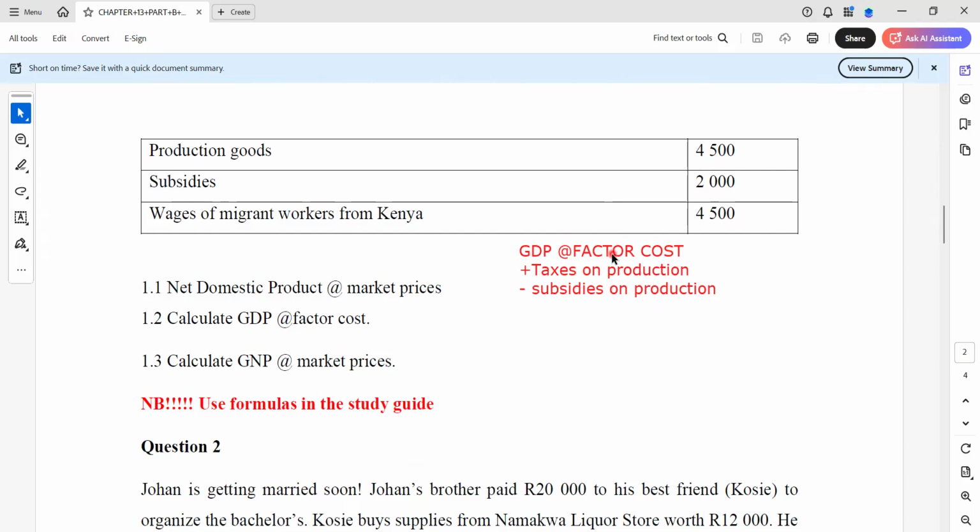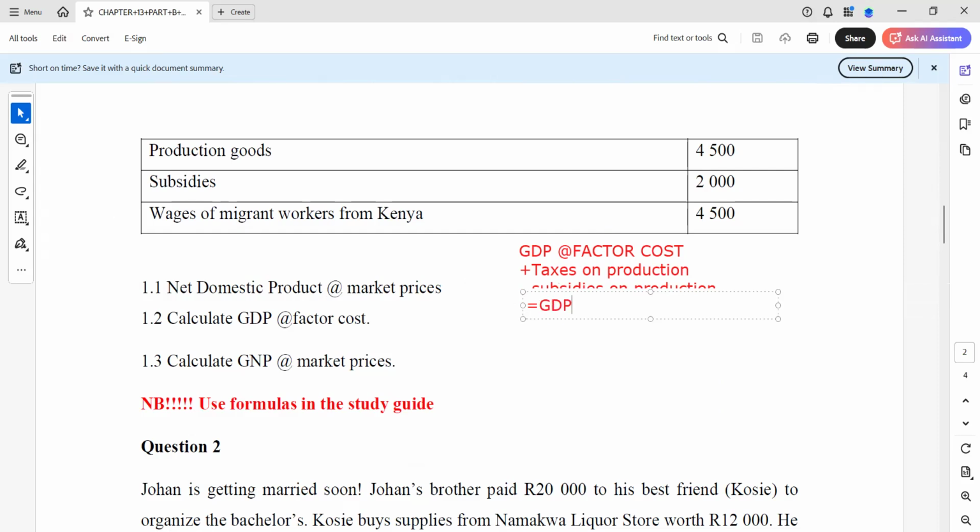Because they're still in the production process, we add taxes on production because the producers are charged tax on their production, minus subsidies on production because sometimes the government can subsidize their production, right? So that is why we said plus taxes on production minus subsidies on production. And then you're going to get GDP.